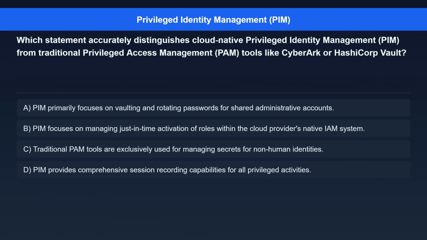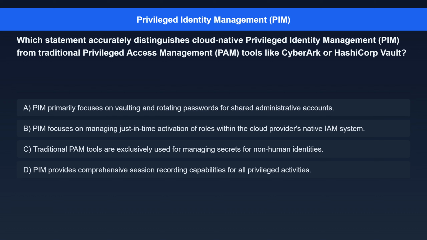Question 3. Which statement accurately distinguishes cloud-native privileged identity management, PIM, from traditional privileged access management, PAM, tools like CyberArk or HashiCorp Vault? Option A. PIM primarily focuses on vaulting and rotating passwords for shared administrative accounts.